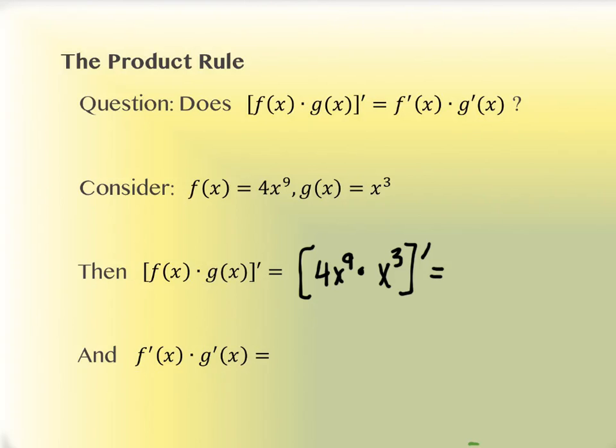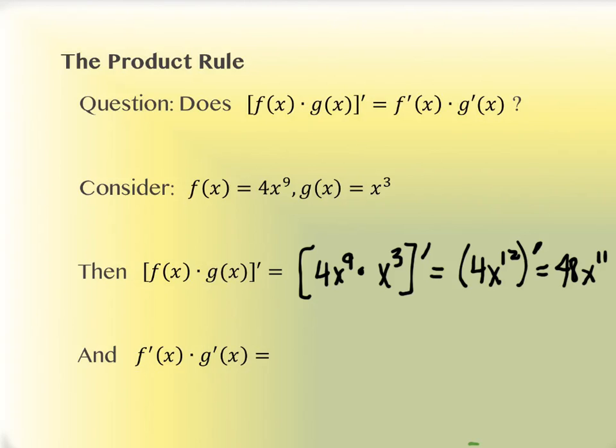Working on the inside of the brackets, what is 4x to the 9th times x cubed? 4x to the 12th, very good. And then if I want to take the derivative of 4x to the 12th with the power rule from the last section, what would I get? 48x to the 11th. And that is, in fact, the derivative, because we did all the algebra first and the derivative second. That is for sure and certain the derivative of this product.